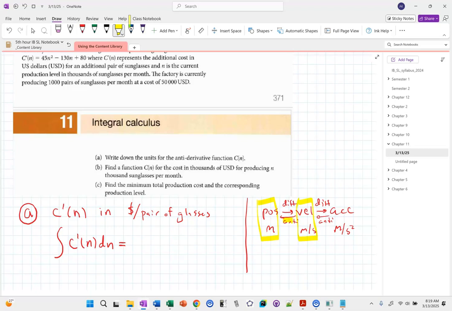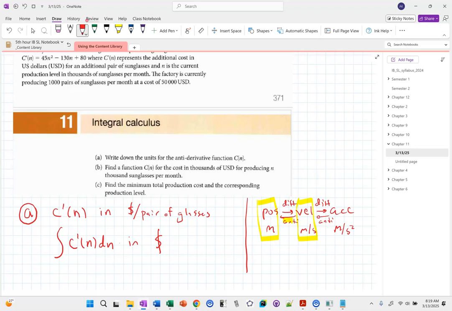Just dollars, the numerator. Does everybody feel okay with that? And if C is a cost function, since its derivative is the marginal cost, that should make sense, right? Cost function should be measured in dollars.